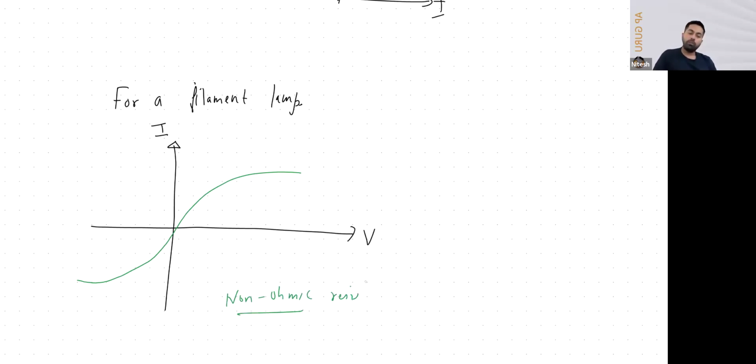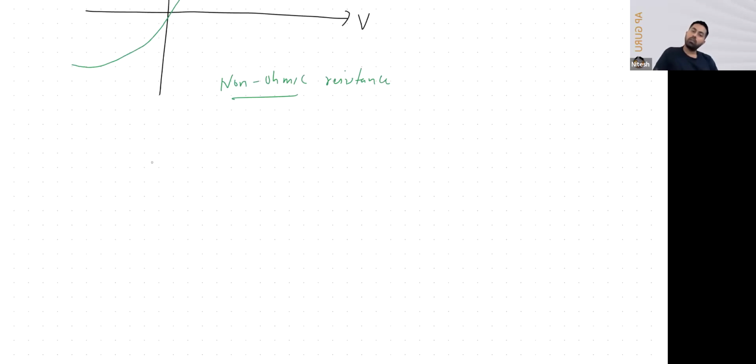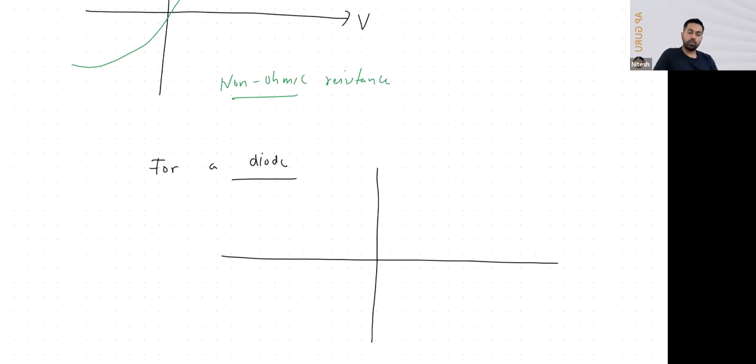Even if you do a graph for a diode, that is also non-ohmic. In a circuit, a diode looks like this. This is the positive side of a diode, and that's the negative side, a small triangle with a vertical line.